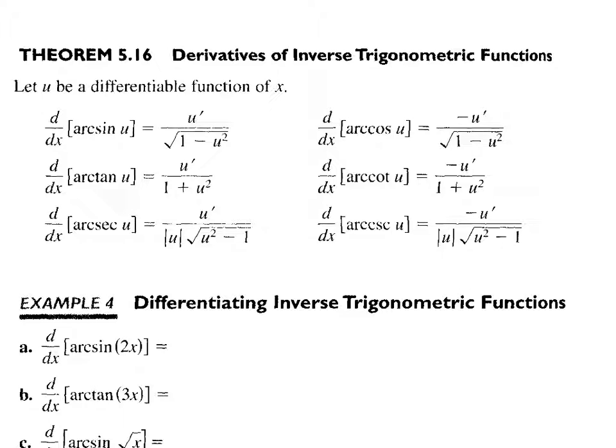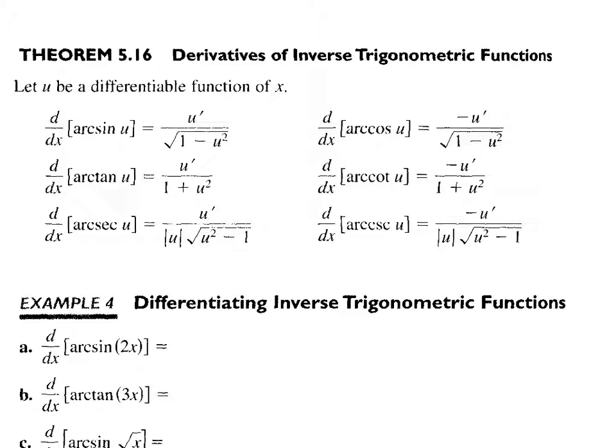Now, notice here, though, that the derivative of arc sine and the derivative of arc cosine are nearly identical. In fact, they're just opposites. And the cool thing about this is that if you look at the cofunctions, sine, cosine, tangent, cotangent, secant, cosecant, they're all opposites of each other, okay?